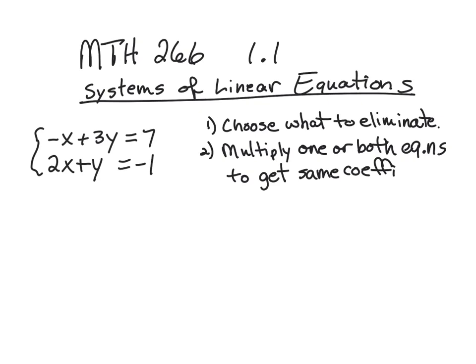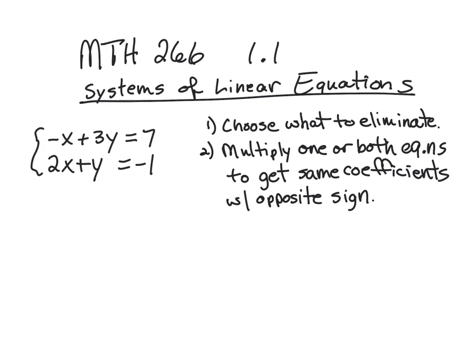So you want the same coefficient, but you want opposite signs. The reason that we want opposite signs is that we never, ever, ever add. We never subtract. We always change the sign and add. We're going to focus on combining instead of just adding or subtracting, okay?